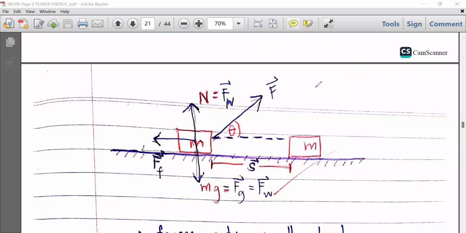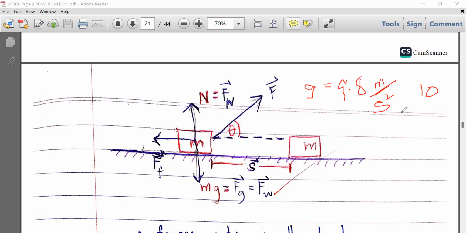So let's write g here. Recall that g, or gravitational acceleration, is equal to 9.8 meter per second squared, or 10. So let's use 10 for easier calculations later.